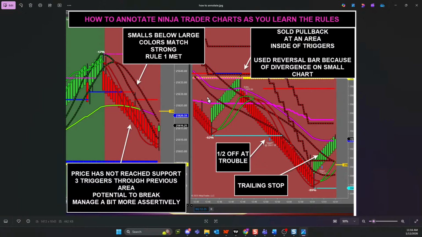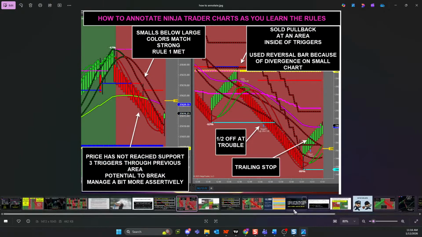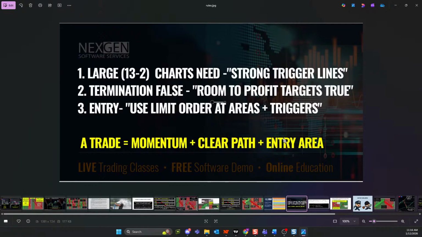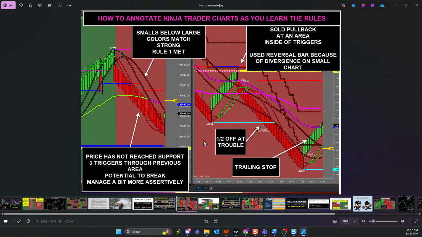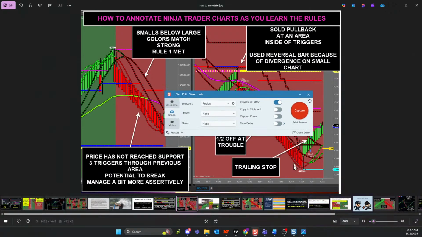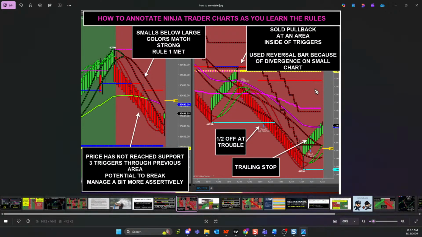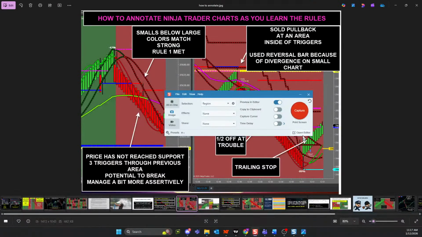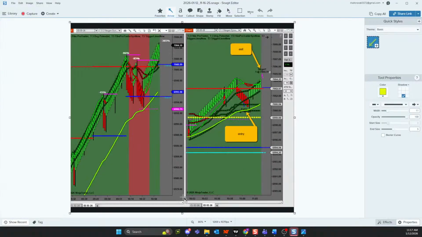So every time you take a trade, if you go back to those three concepts, momentum, path, and entry, and just describe them, right? Like how the rules are met. What you begin to do is these looks begin to have value because you've attached value to them. But what you've also done, and this is even more important, I think, Marika, is that you're actually writing your recipe for success.